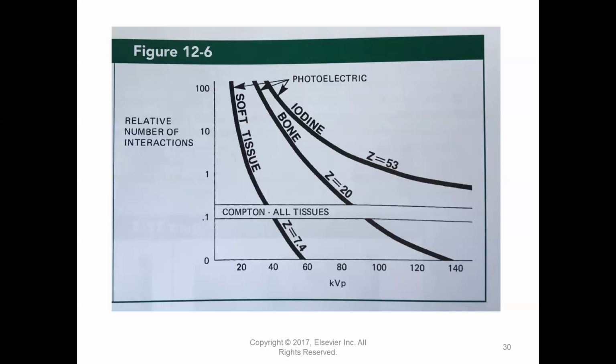And we still see a super bright outline of the anatomy because the contrast media is that good at absorbing, even at really high kVp levels. So we can cut the dose to the rest of the patient and still have that photoelectric absorption going on.